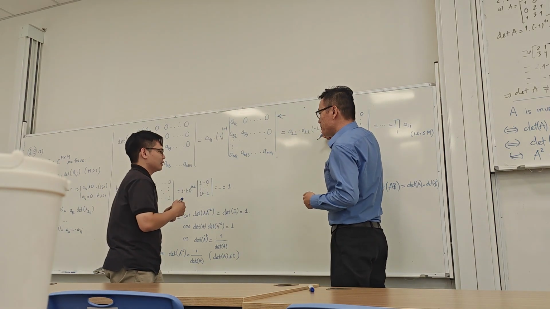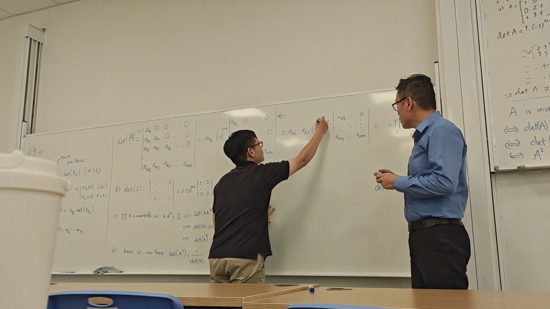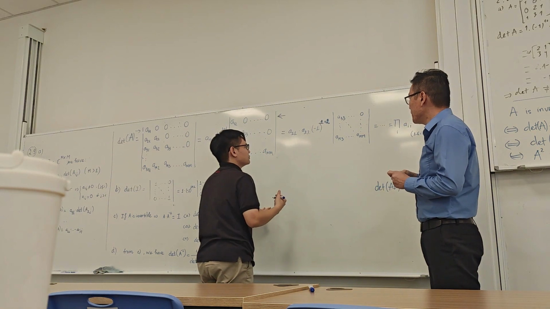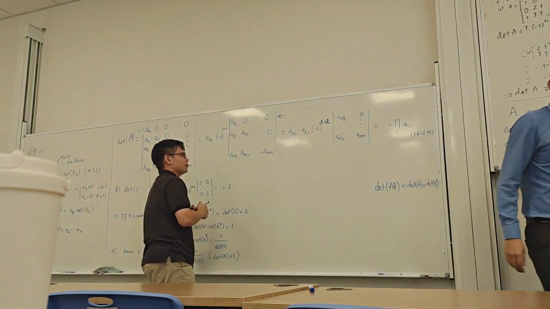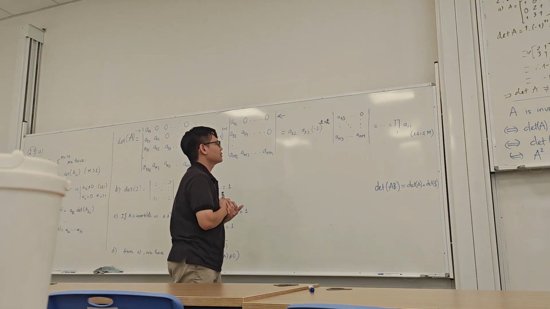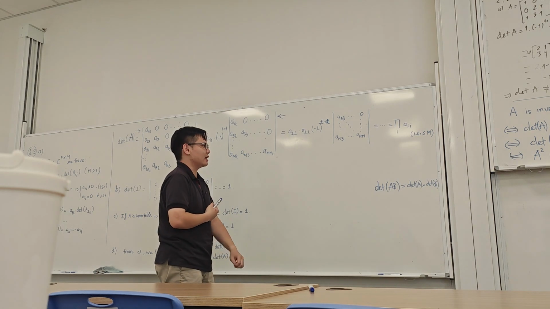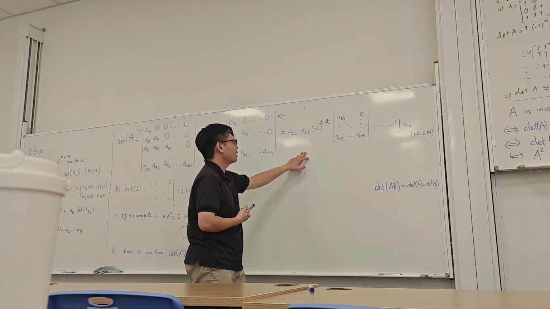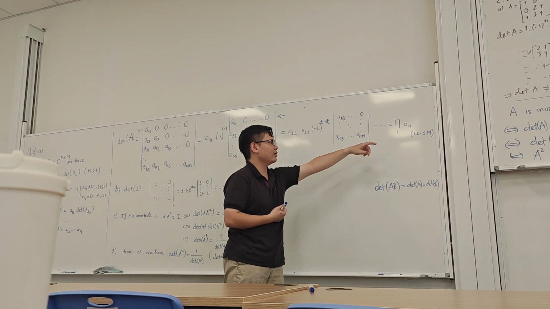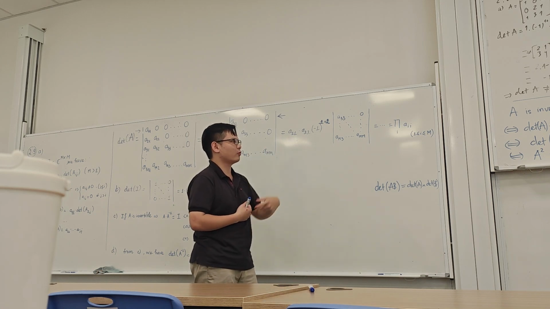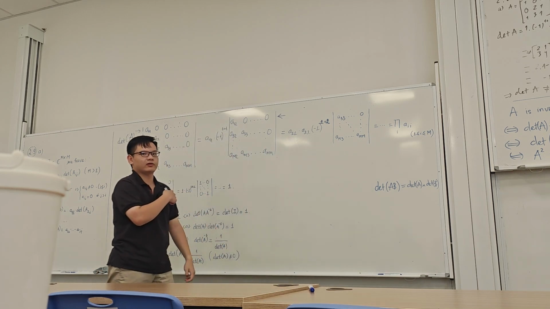Therefore, this one is 1 plus 1, correct? Yes. And we also have only the leftover of the element A22. And so on, we will have the product of Aii with i from 1 to n, with n the size of the matrix.